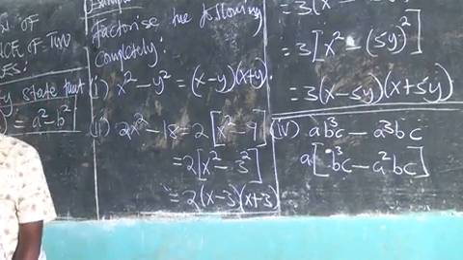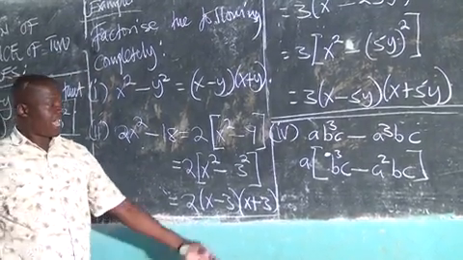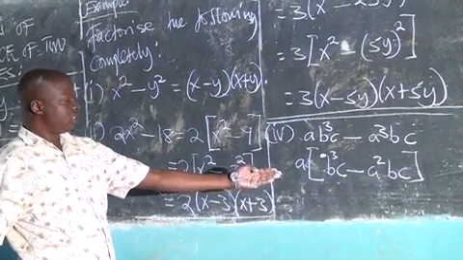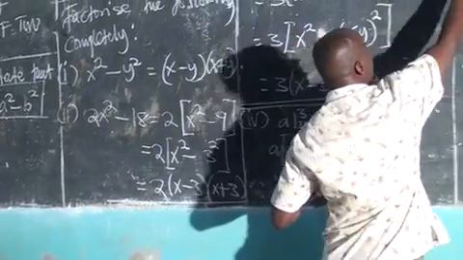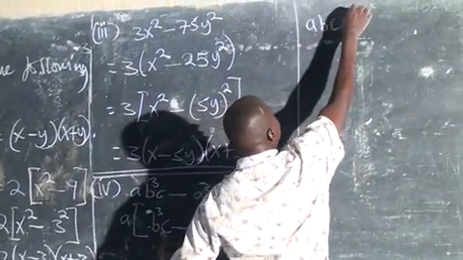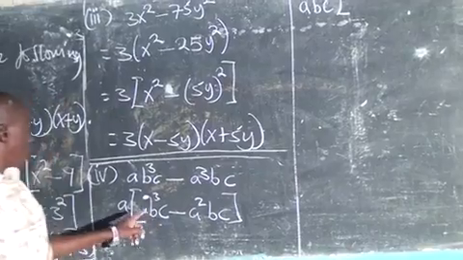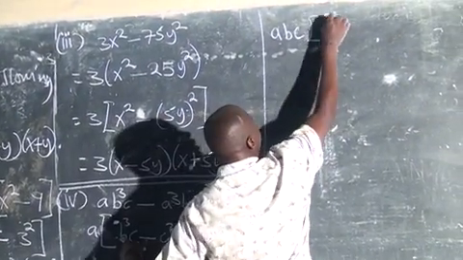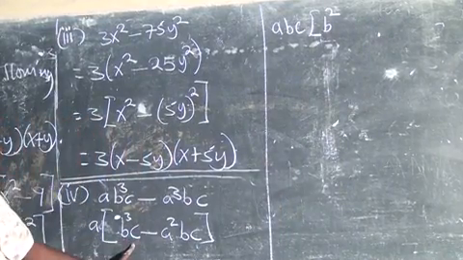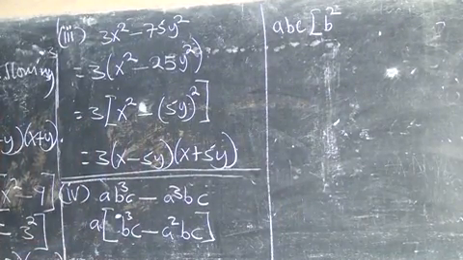But that is not the final answer. Go ahead to identify. I can see there is b and c. Meaning that I have abc into, when you divide by b, it will give b squared, and dividing by c, the c goes.